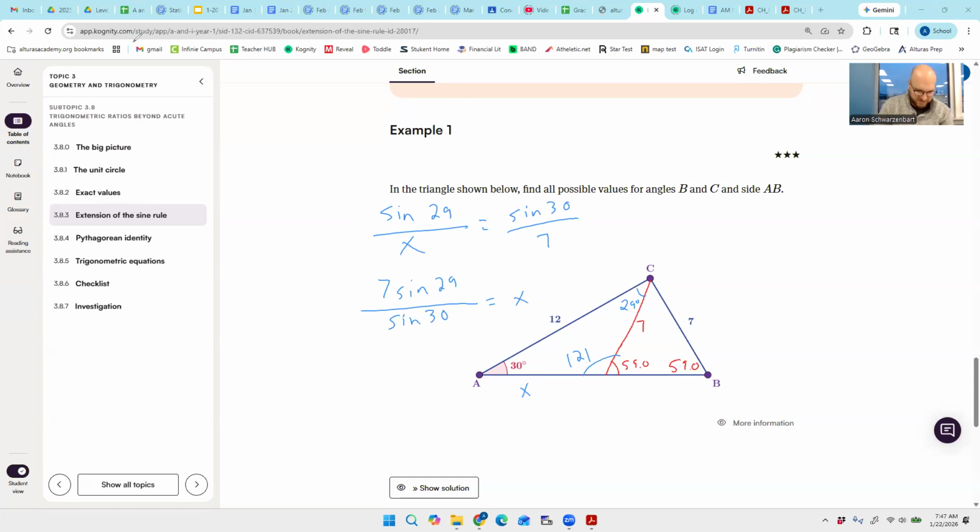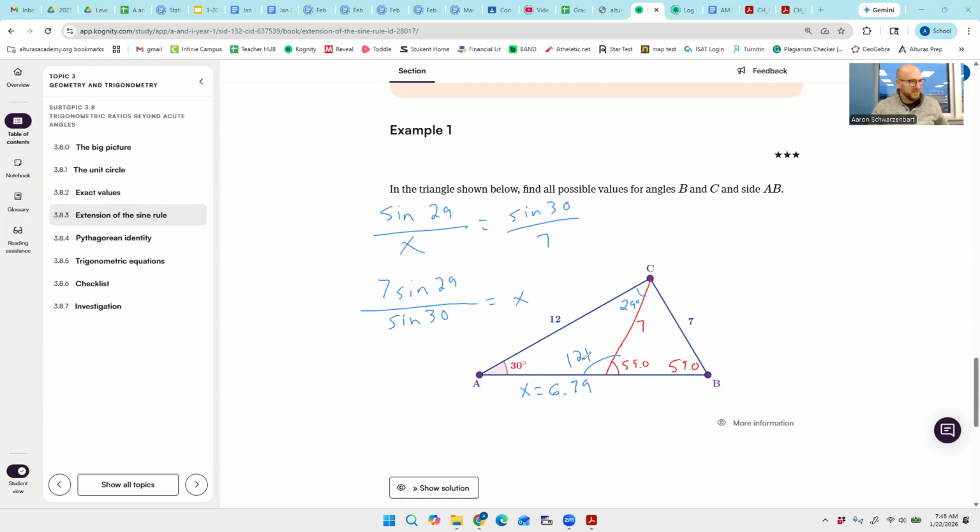And I get 6.79. And those are my two cases.